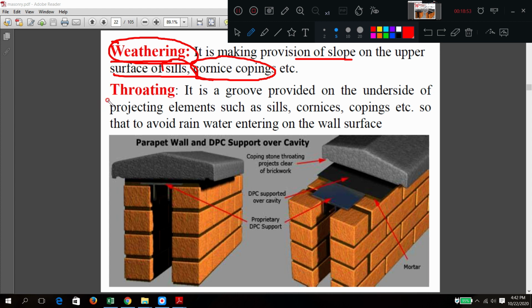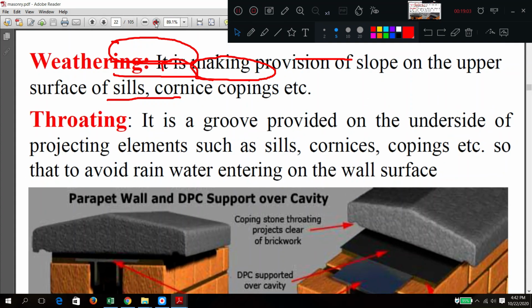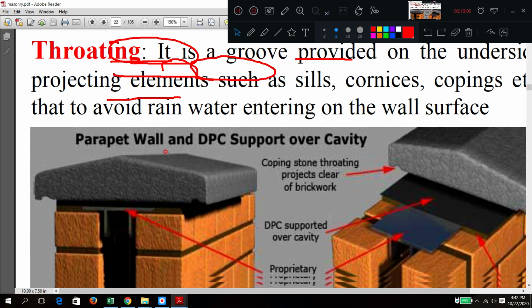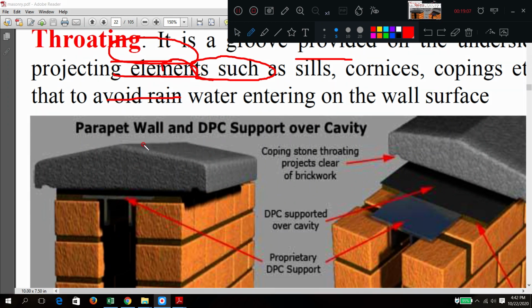Okay, what is this throating? See, the total is coping, no? What is happening? I will enlarge this portion. Here you can see what is happening: rainwater will come and go, and again it may come here and enter the wall. So to avoid that, a small groove is made.